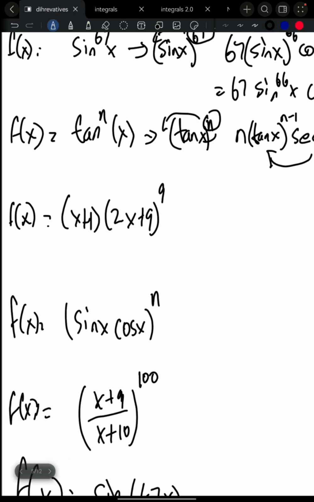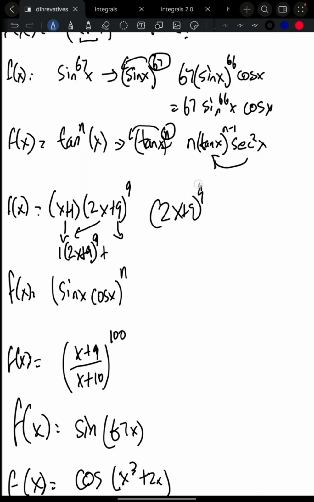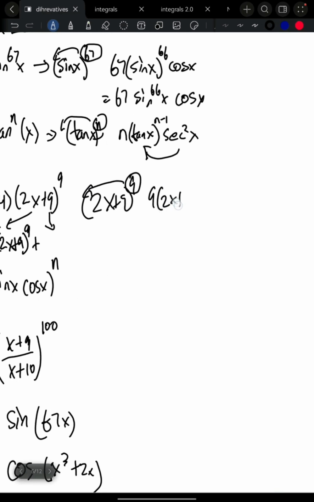Anyways, f of x is equal to x times 2x plus 9 to the power of 9. We're going to use the product rule, right? The differential of this is just 1 times this, so 2x plus 9 to the power of 9, plus x times the derivative of this. What is the derivative of 2x plus 9 to the power of 9, right? We're going to bring down the power, so 9, and 2x plus 9 with 1 subtracted is going to be 8, times the derivative of the inside.